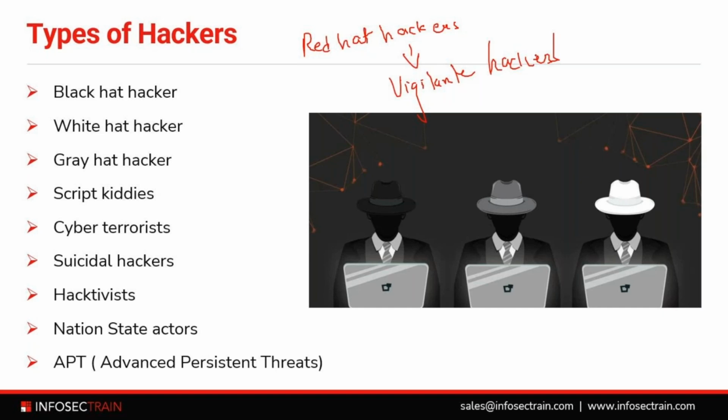They focus on attacking the black hat hackers and stopping their activities, right? And their methods may be aggressive and sometimes borderline illegal, right? So these are the hackers who hack the black hat hackers and stop their activities. Those are called red hat hackers.